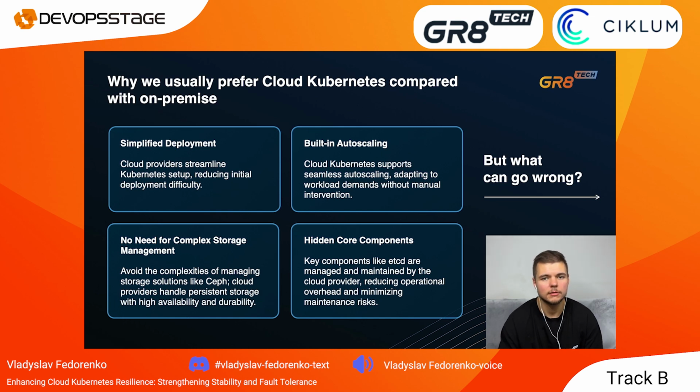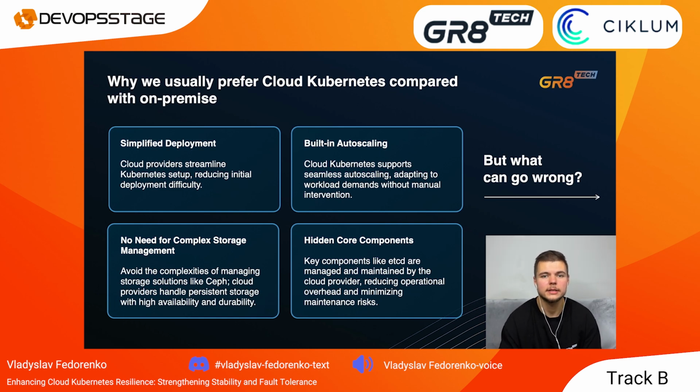You have to solve the storage issue, you have to deal with Ceph and all its daemons, you have to administrate etcd, and you have to provide connection to your on-premise Kubernetes cluster, which may be done by VPN, direct connection to the node, or maybe an SSH tunnel, which is not so secure and not so easy either.